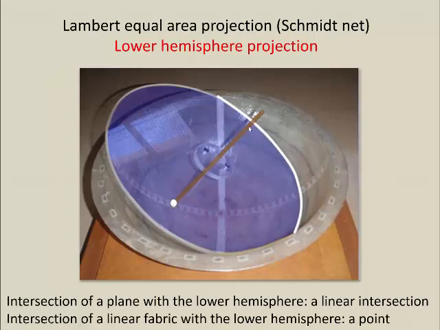A three-dimensional plane intersects with the lower hemisphere in a two-dimensional line, and the pole to the plane, a linear fabric element, intersects in a point. So in both cases we reduce one dimension, and again that is what the projection means to achieve.